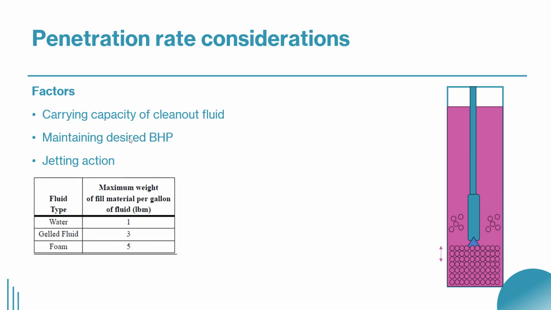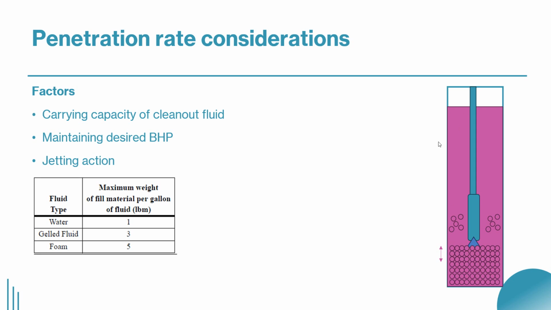Second factor is maintaining desired bottom hole pressure. Because when the well is loaded with proppant or sand, the density causing the hydrostatic pressure will be higher. For example, if you were using 8.5 ppg KCl brine, the hydrostatic pressure, if the well is filled with only fluid, will be equivalent to 8.5.